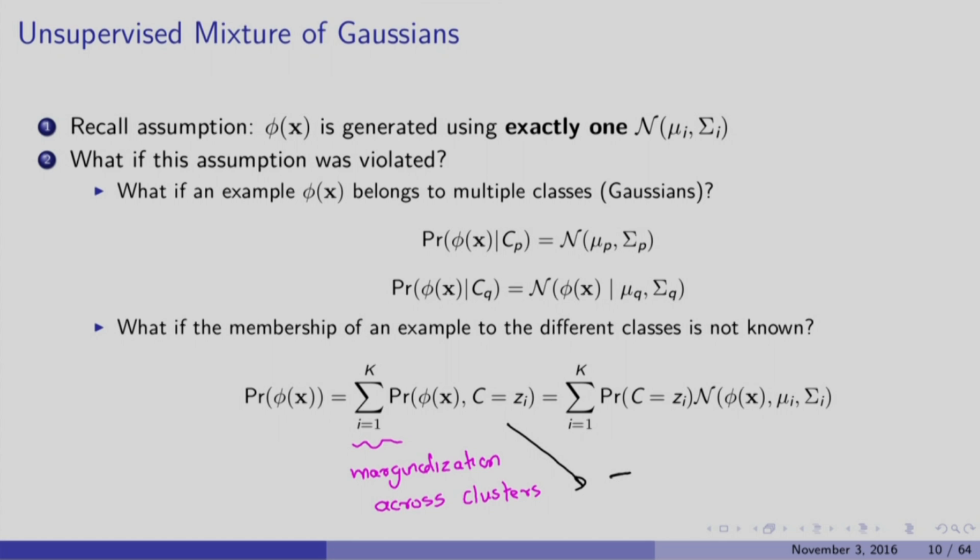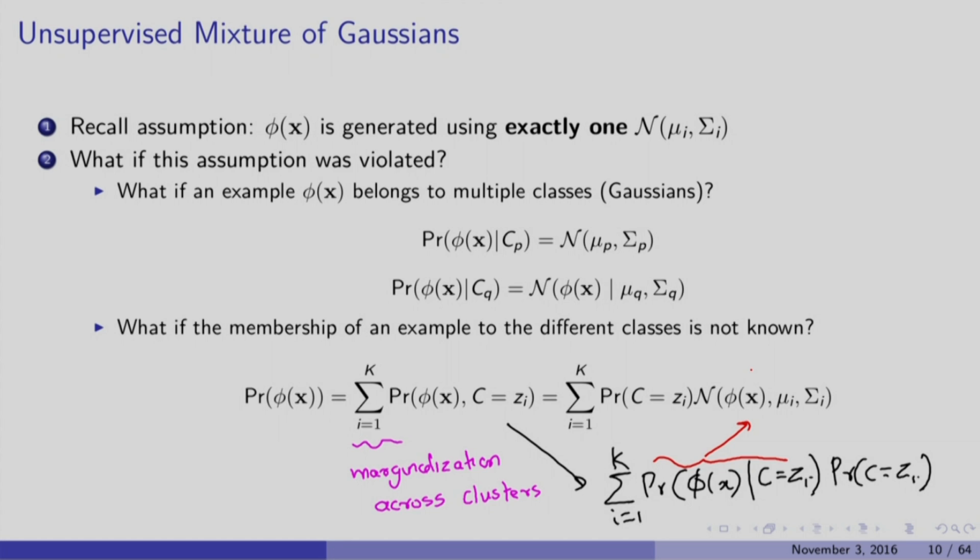So this expression can be written using the Bayes rule as the probability of phi x given the class Zi or the cluster Zi times the probability of the cluster Zi. For example, the probability of generating a point from a cluster could still be determined by a multivariate normal, that is what we see here.